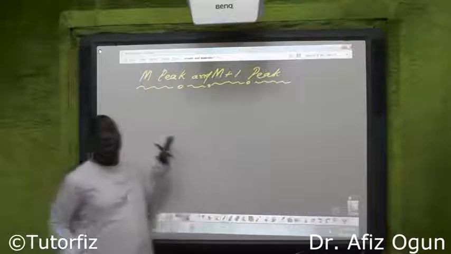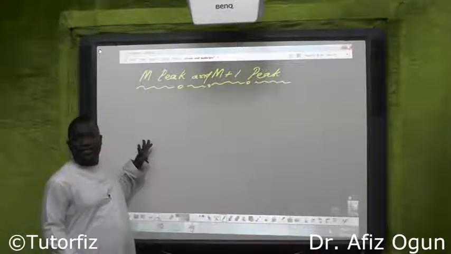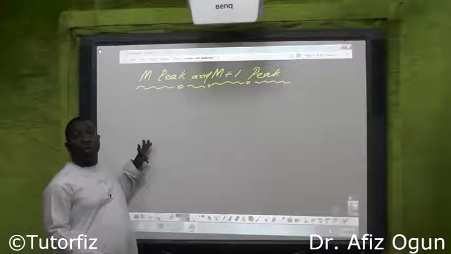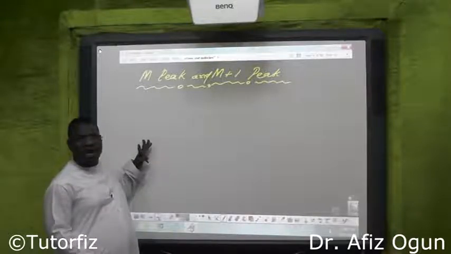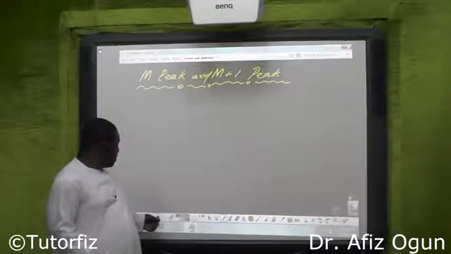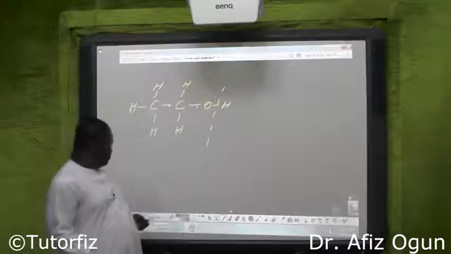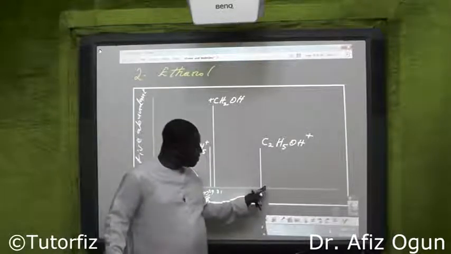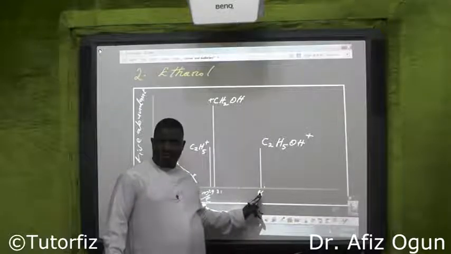So M+1 is very important for those of you writing it in AS. But for those of you going to continue in A2, M+2 is also important. M+4 is also important. What is the M+1 peak? There is usually a small peak here after the molecular peak, the main peak.